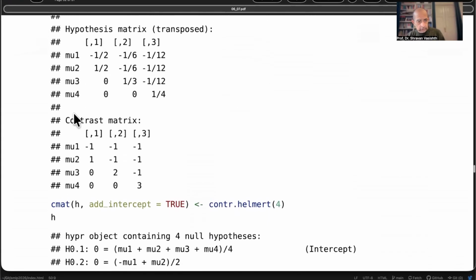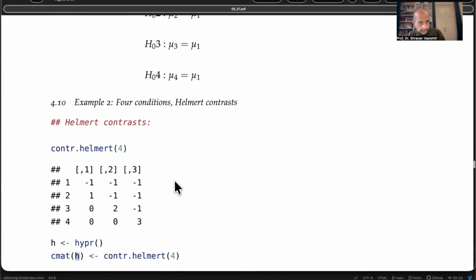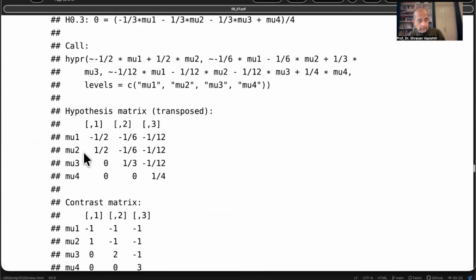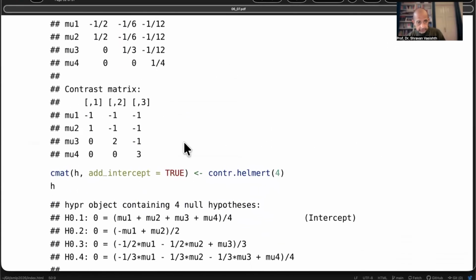What is interesting to look at is the contrast matrix here, right? So this shows us exactly the same contrasts that I'd shown you here. These are identical now, okay? Of course, that's what we had put in, so this should not be a surprise.